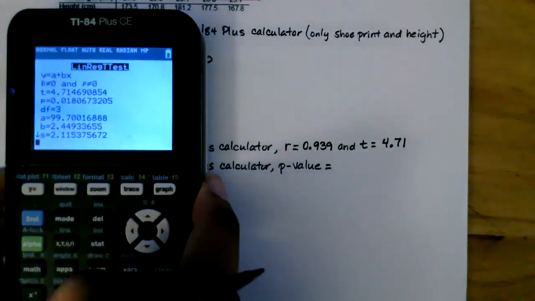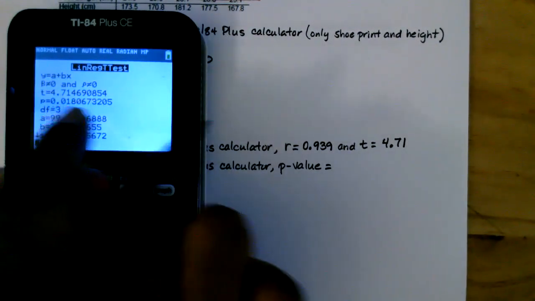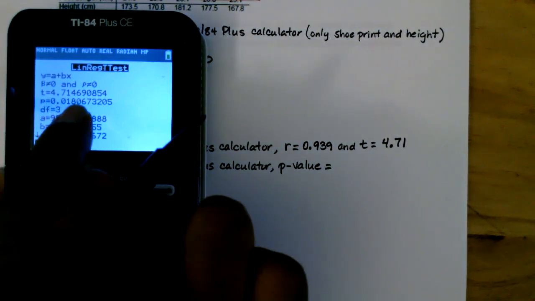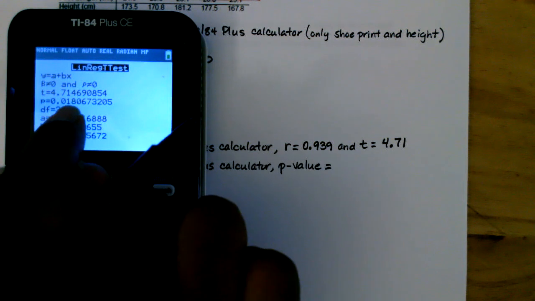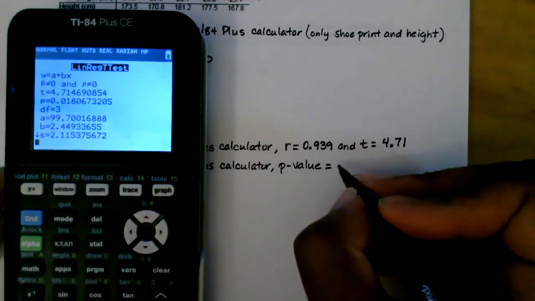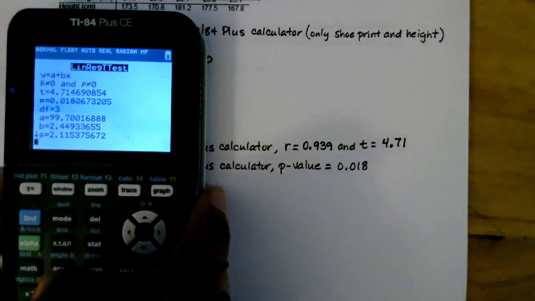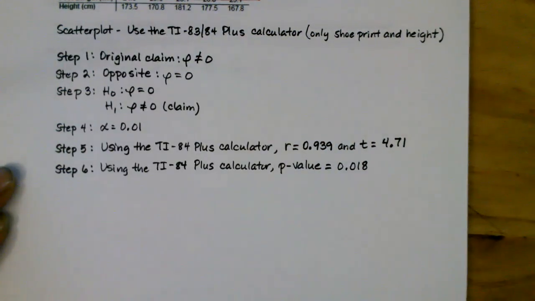And of course, the p-value can be taken from the screen right here. Here's your p-value. Let's see, the 3 decimal places, this will be 0.018. Okay. So that's your p-value, 0.018.